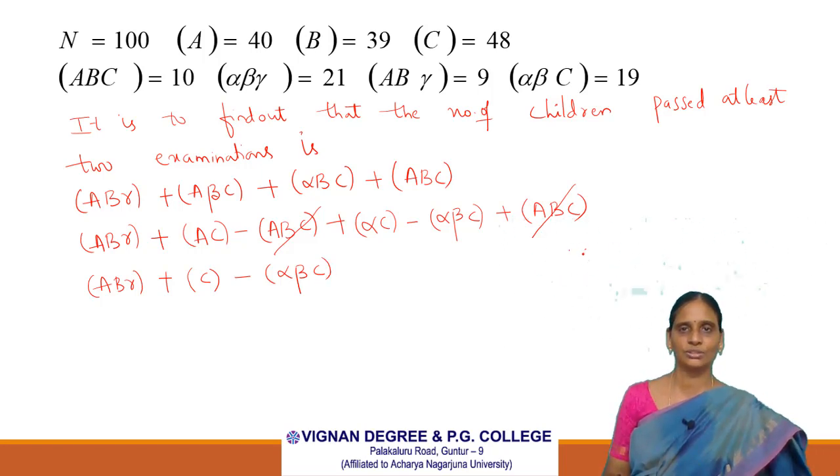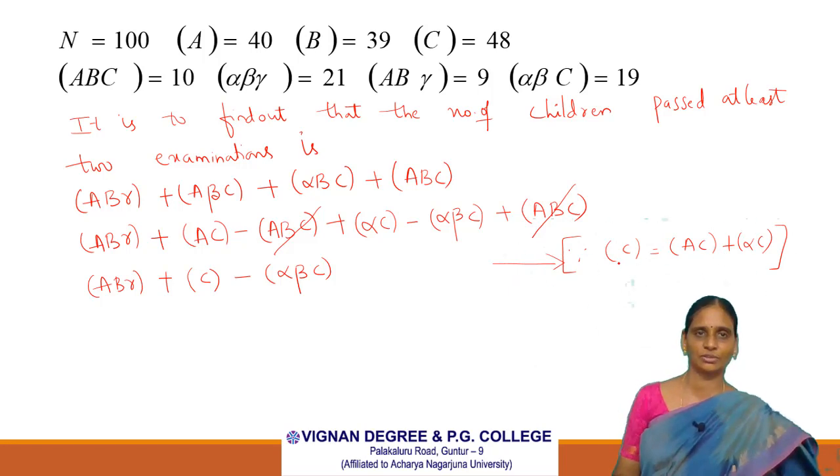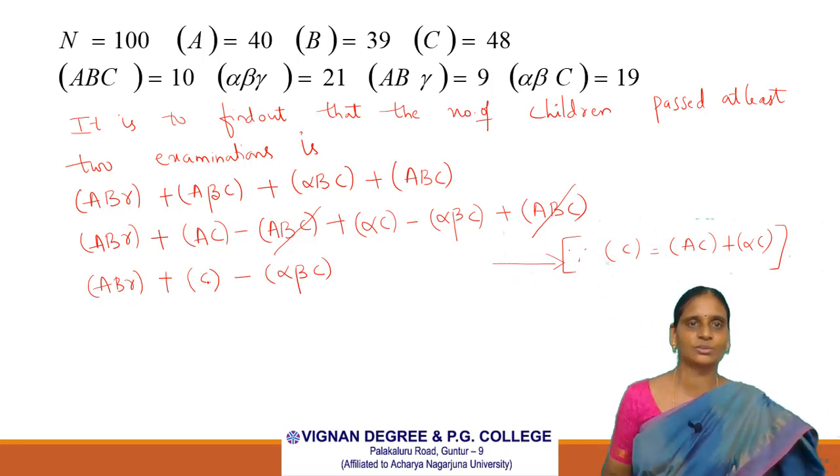Here we are using the condition that frequency of C is equal to frequency of AC plus frequency of αC. The sum of these two class frequencies is equivalent to frequency of C. So that's why I am writing frequency of C here.